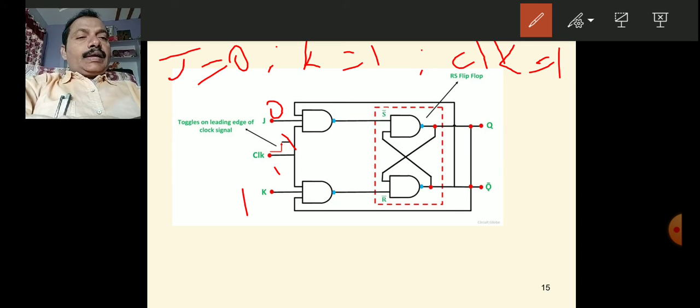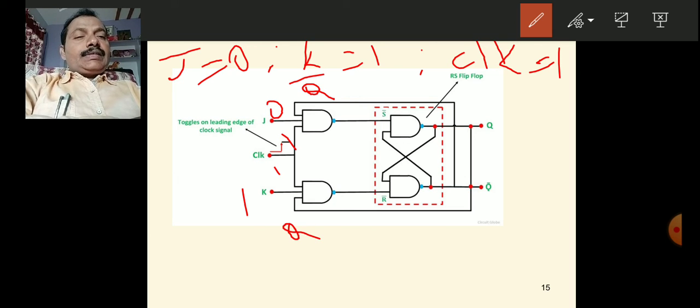Though other inputs are unknown, in this case, you see the Q bar is fed back here, Q bar value we don't know, and Q is also fed back here, we don't know the Q also.